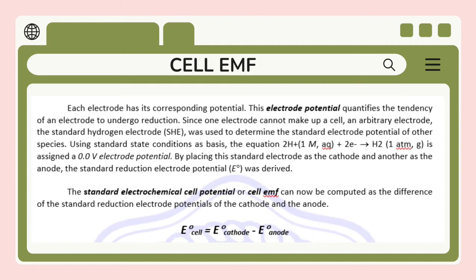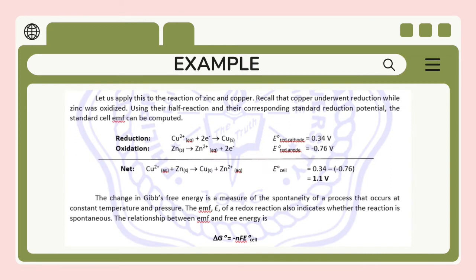So with that, we have here an example. Let us apply this to the reaction of zinc and copper. Recall that copper underwent reduction while zinc was oxidized. Using the half reactions and their corresponding standard reduction potentials, the standard cell EMF can be computed.